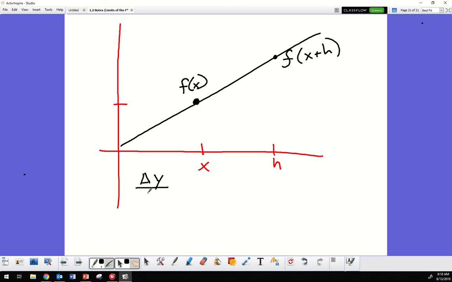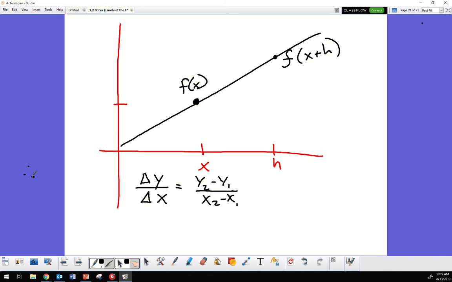Sorry, YouTube. Delta y over delta x, which just means y2 minus y1 over x2 minus x1. Slope formula. That's all it is. Fancy terminology for that.